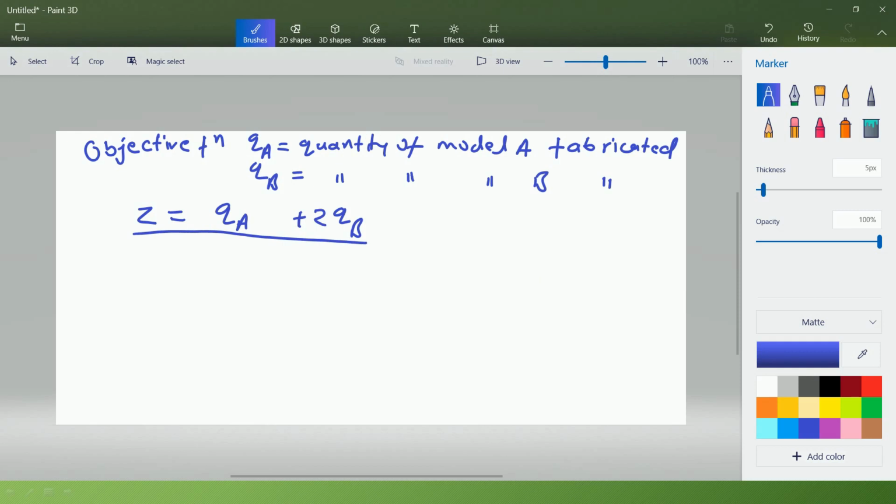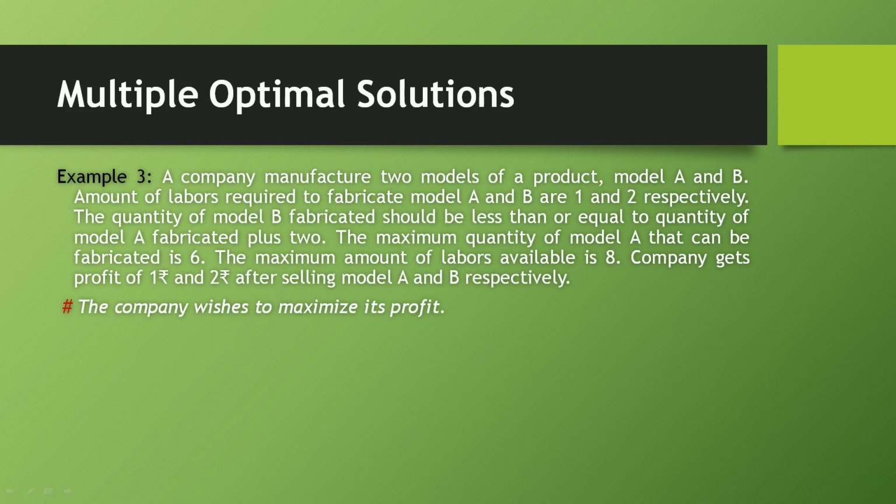Okay. Now we will develop the constraints equations. The first condition which is given is the amount of labors required to fabricate model A and B are 1 and 2 respectively.